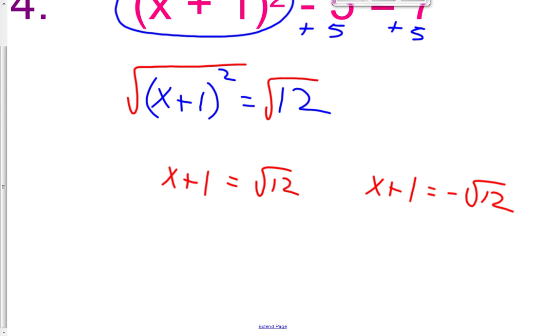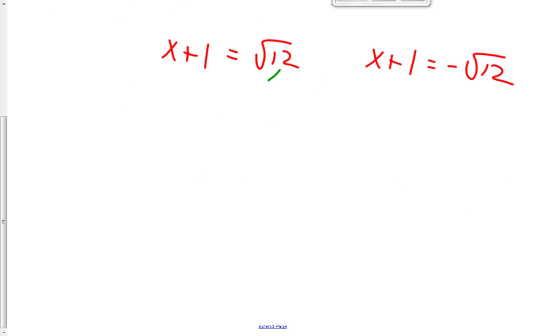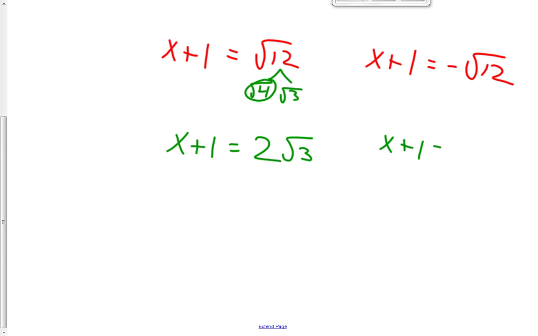Okay, so what is the square root of 12 is kind of our next step. We can break this up into 4 times 3. 4 times 3 is 12, so square root 4 times square root 3 is square root 12. So x plus 1 equals the square root of 4, which is 2, times the square root of 3. So x plus 1 also equals the negative 2 square root 3.